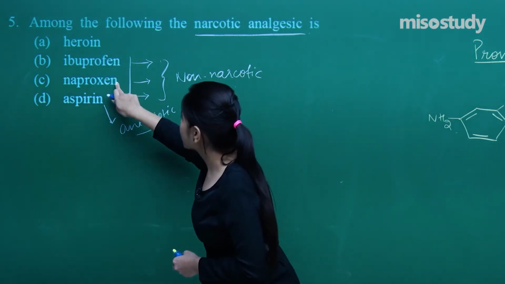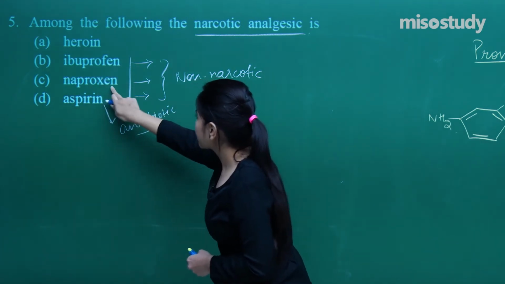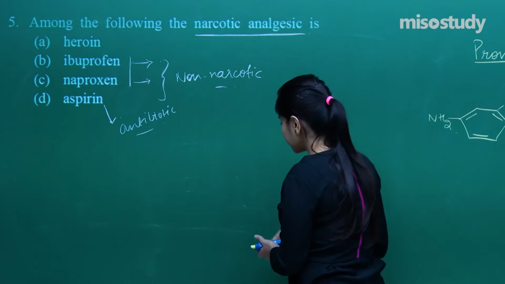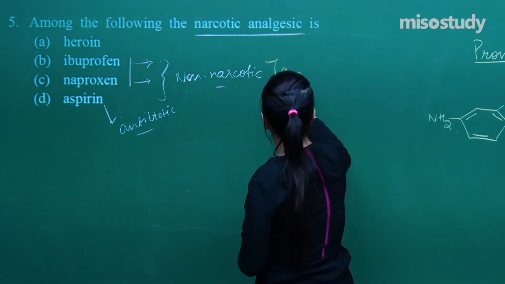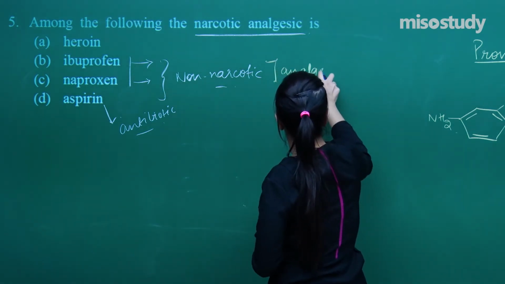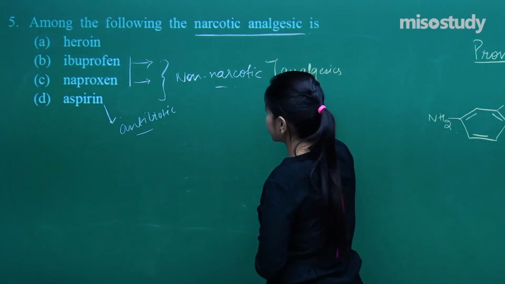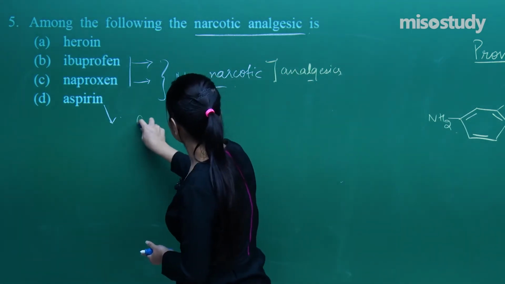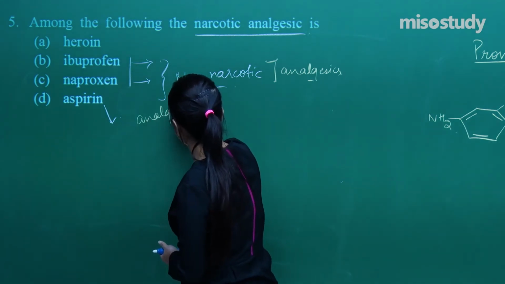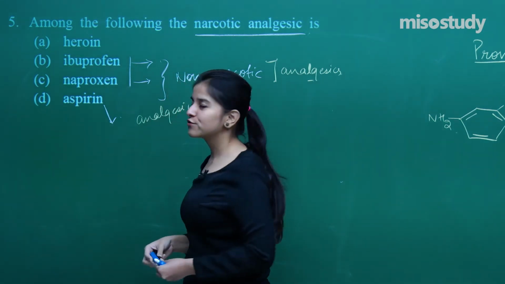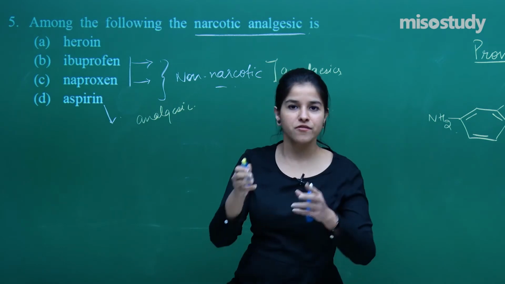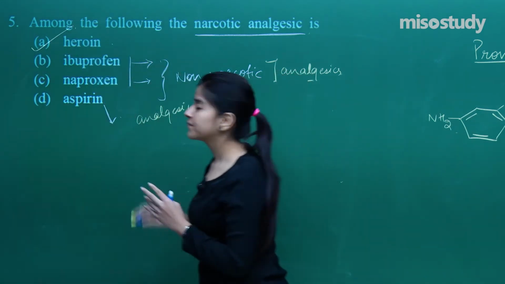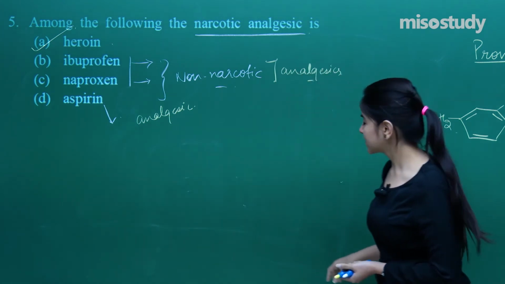Whereas these two, ibuprofen and naproxen, these are nothing but the analgesics. So these are analgesics. In fact, this is also an analgesic. So let me just correct this out. That means I am left with heroin, again causing addiction, reducing the pain. So it is a narcotic drug. So I hope everybody is clear with the fact.